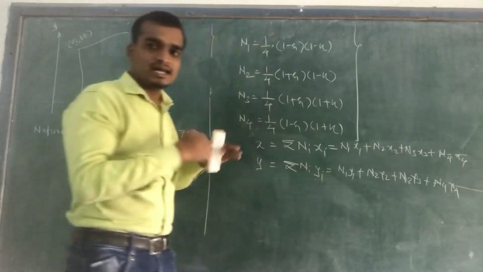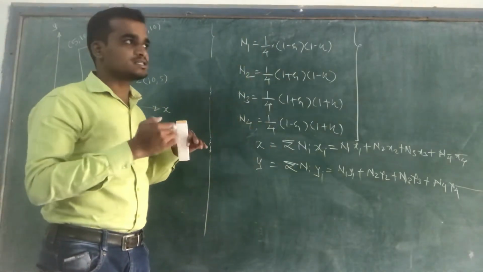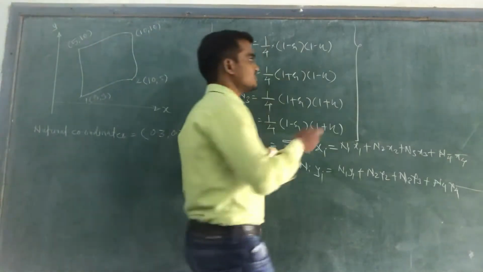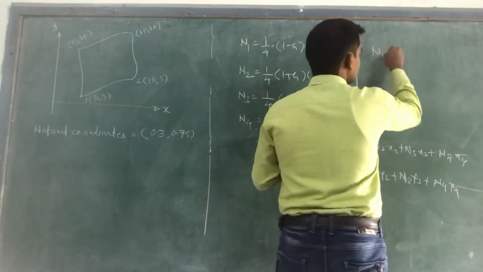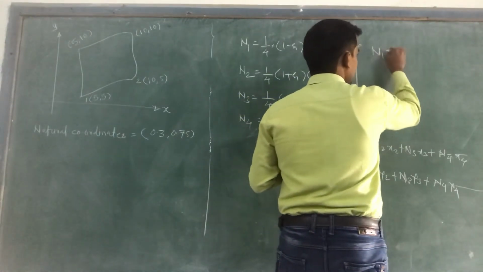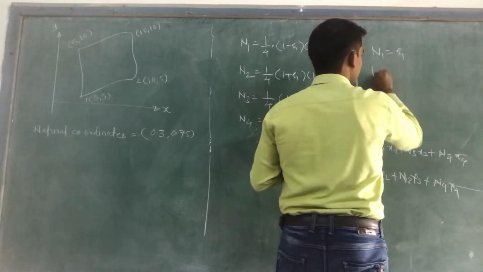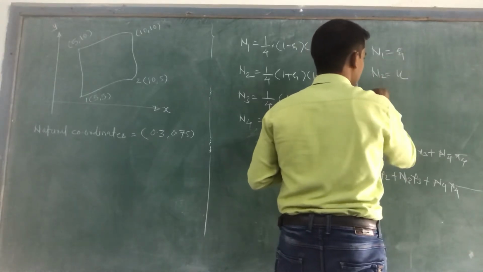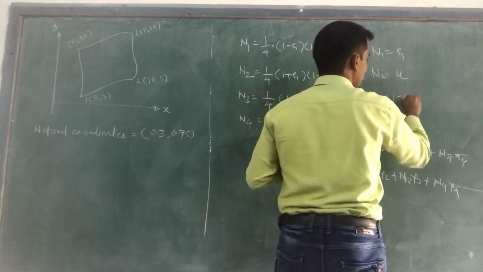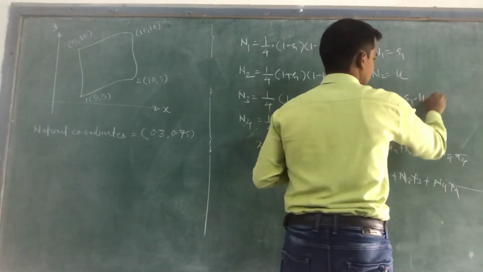If a triangular element is there, meaning a constant triangular element, then for this system we have derived n1 is equal to zeta, n2 is equal to eta, and n3 is 1 minus zeta minus eta.